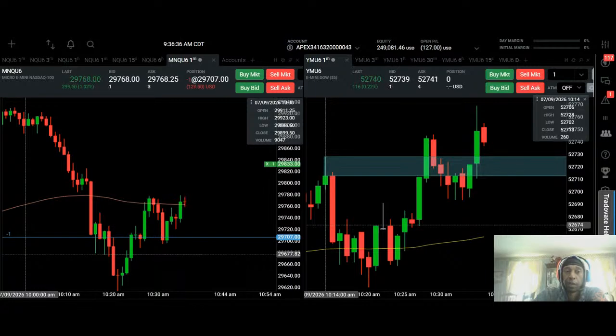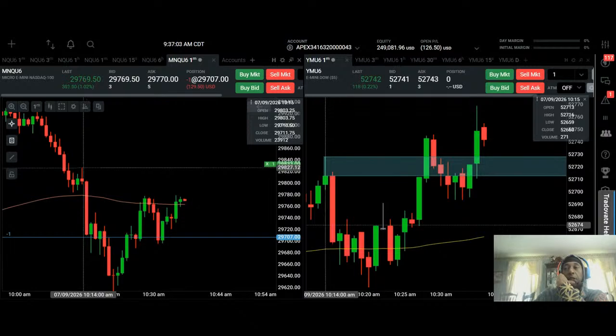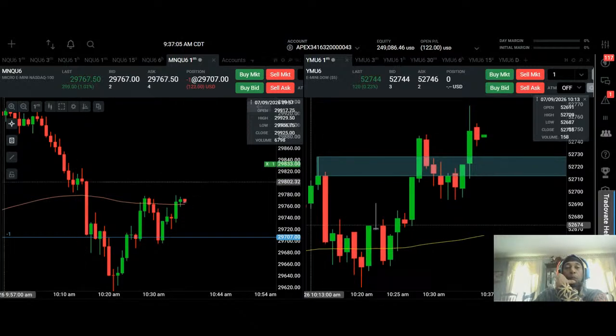I want to see this fair value gap stay open. Yeah, that's a barrier to entry right there. Let's see what they want to do.